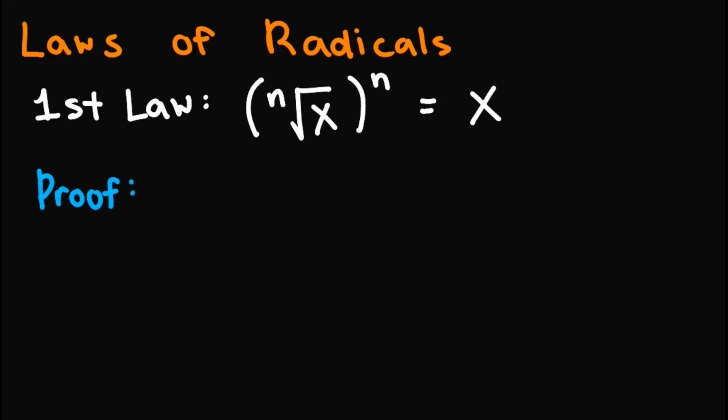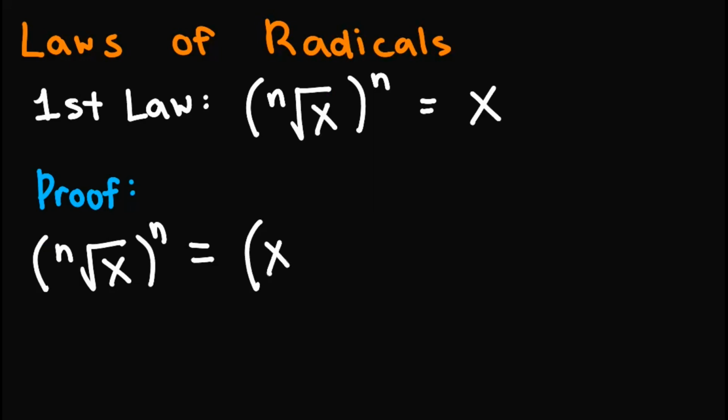First, the nth root of x raised to n can be written as x raised to 1 over n raised to n. This by definition of radicals, or how we defined it in the previous video.